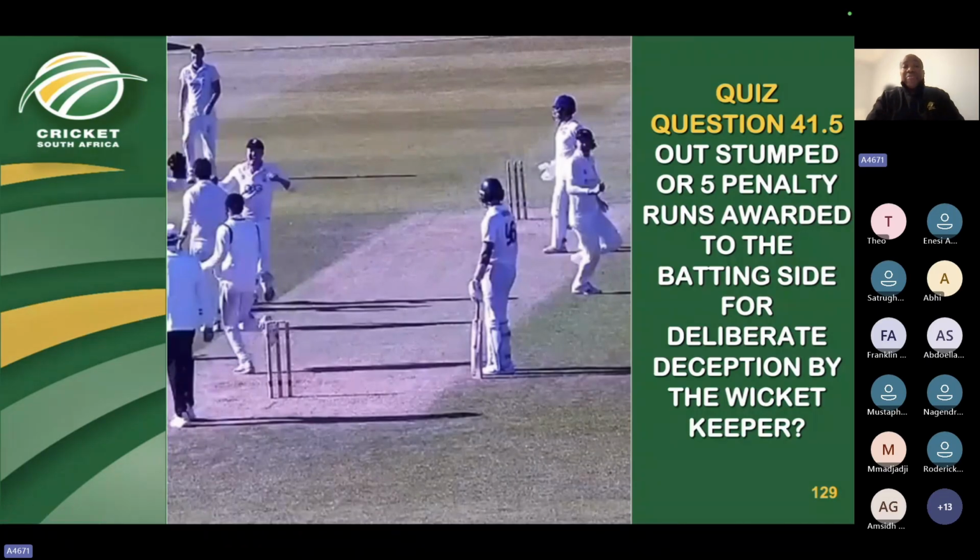So that's 5 penalty runs plus the 1 for the striker leaving his crease. And it is also the only place in the law where the batters at the crease will decide who faces the next delivery. So what looked like a clever bit of wicketkeeping actually should have resulted in a lot of punishment for that bit of deception. That is the correct answer for quiz question 41.5.